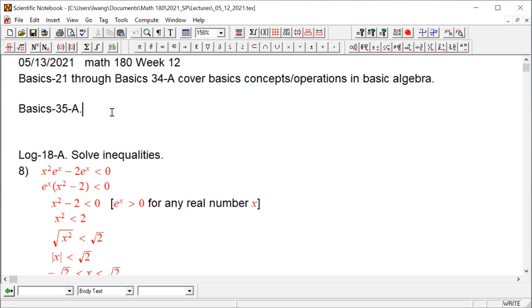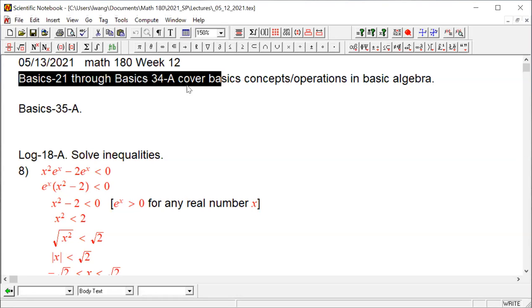So what we do here is just a few steps to fulfill your tasks, which has more steps in your calculus tasks. So we're doing the algebraic tasks here. Before we do 35A, you should be able to do well with basic 21 through 34A. So please do go over them.